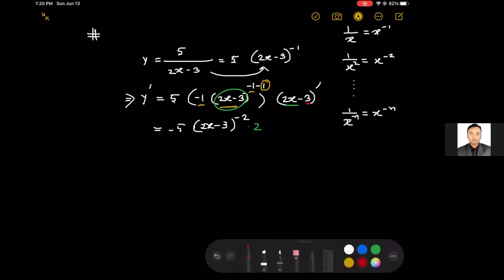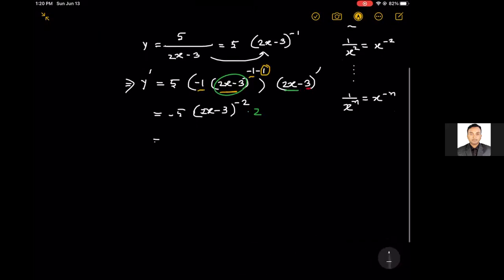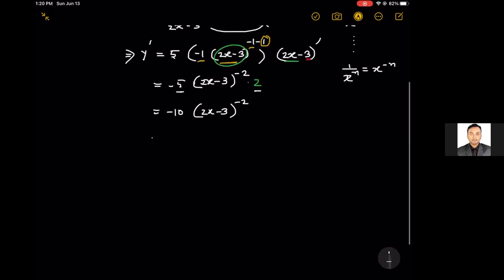So if you have a problem like this, your final answer would look like this: negative 5 times 2, negative 10, and 2x minus 3, the quantity to the power negative 2. That's your answer. Or you might rewrite it as this: negative 10 over 2x minus 3, the quantity squared.